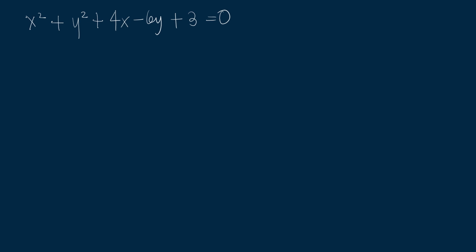First, you check if the coefficient of x squared and y squared is equal to 1. Based on the given, x squared and y squared have a coefficient of 1, so no need to divide by a number.